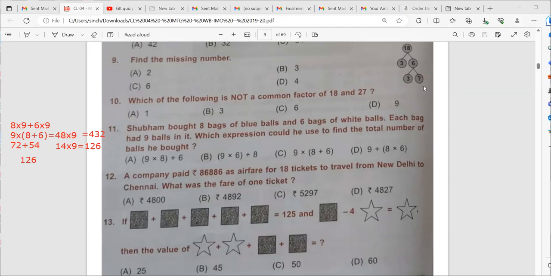If 5 square equals 125 and square minus 4 into star equals star, then the value of star plus square. Excellent. Very good, Shaptagru.